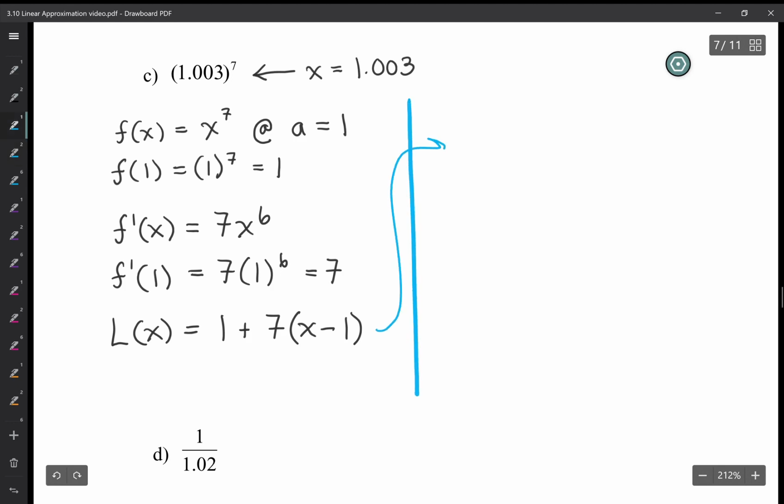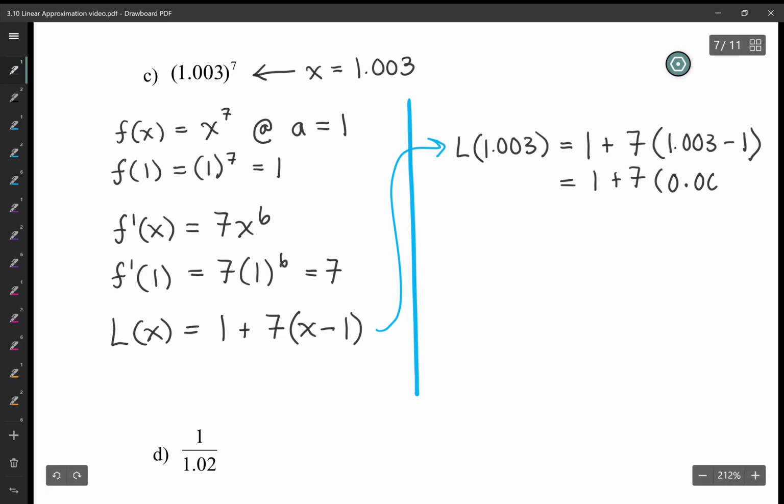Now we can use this to approximate 1.003 to the 7th power. So we need to find L of 1.003, which is equal to 1 plus 7 times 1.003 minus 1, which leaves us with 3,000.